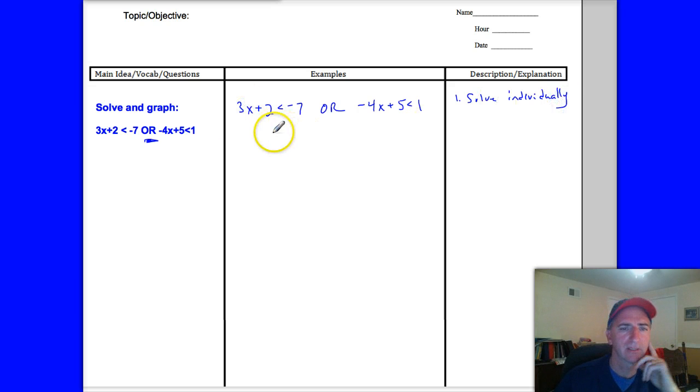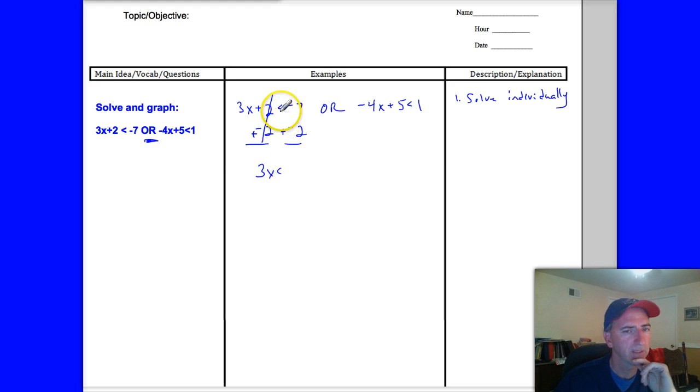Okay, so you have 3x plus 2 is less than -7. So let's just look at that one first. Okay, we're going to subtract 2 from both sides, or add -2. I actually prefer to think in terms of adding -2, which is the same thing as subtracting 2. That cancels out my 0 pair there, and I have 3x. We add, bring your sign down. You don't reverse the sign here, right?